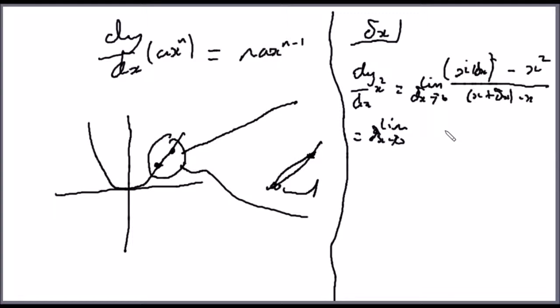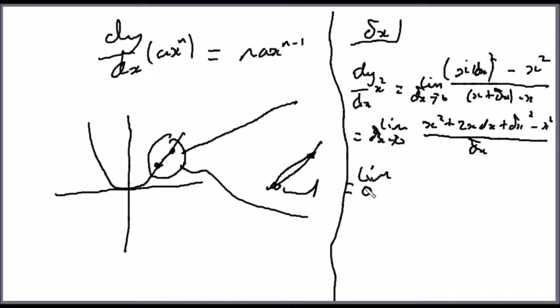So the limiting process is always happening, and for this, that is x squared plus 2x delta x plus delta x squared minus x squared, and these x's cancel out, so it's just over delta x. I'm carrying on this limiting process.